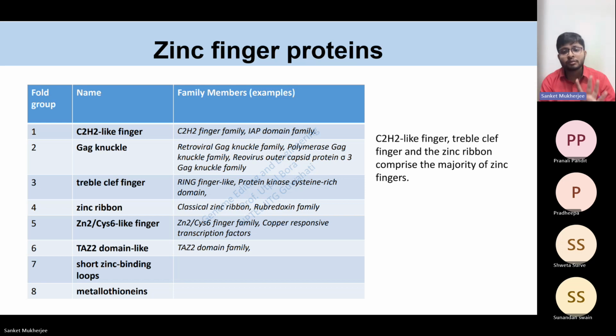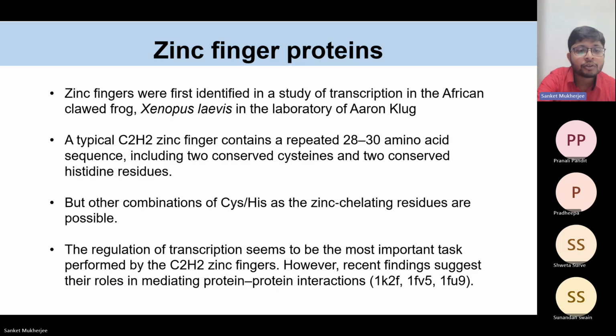C2H2 is one of the most studied and most commonly found in eukaryotes. Initially this was identified through transcription studies in an African clawed frog called Xenopus laevis. Please remember this, in the laboratory of Aaron Klug. A typical C2H2 zinc finger contains a 28 to 30 amino acid sequence, including two conserved cysteines and two conserved histidines.